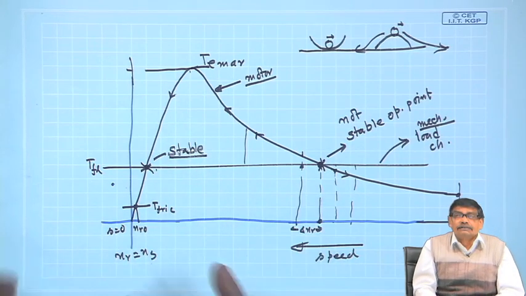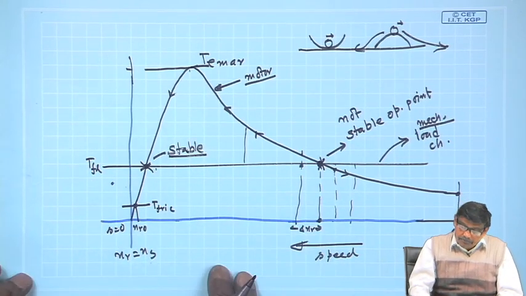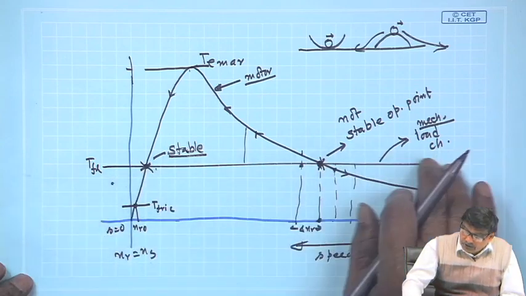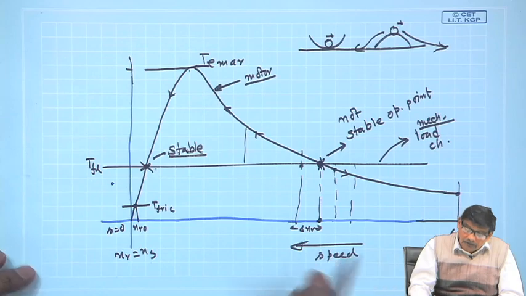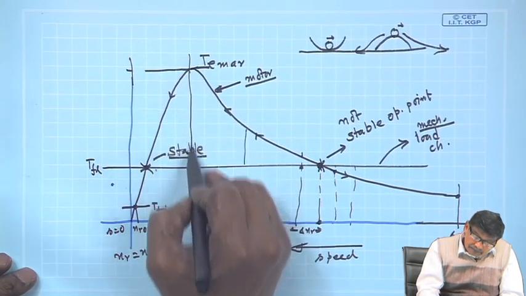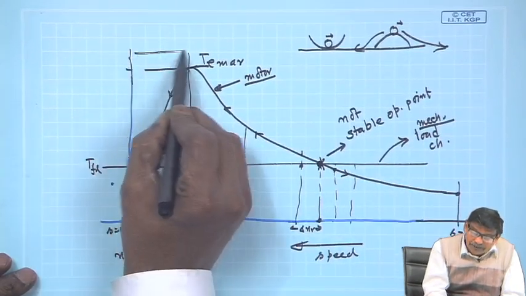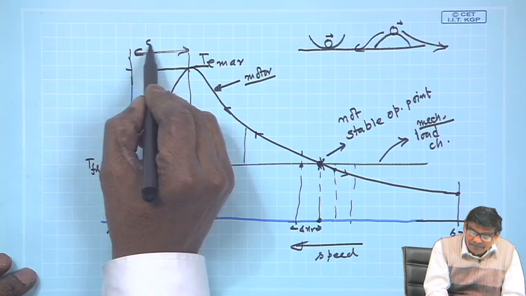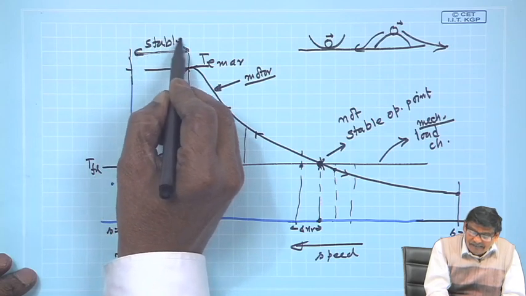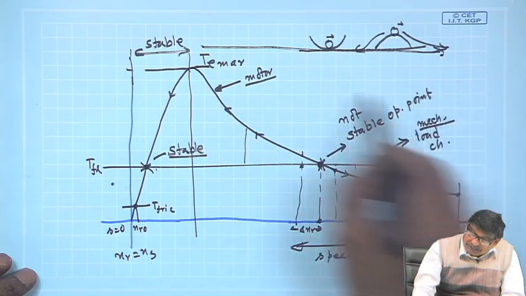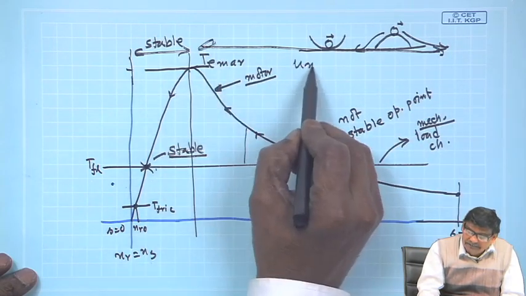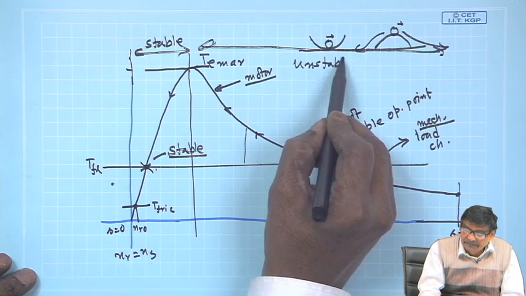Think about this interesting behavior of the machine. So, for a constant load torque, we may conclude that this zone is the stable zone and this zone is the unstable zone. We will discuss further about this.